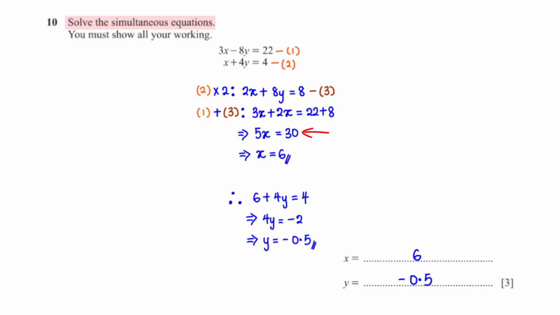When we divide both sides of the equation by 5, we get x equals 6. To find y, we can substitute the value of x into any of the equations. If we pick equation 2, we have 6 plus 4y equals 4. When we simplify the equation and make y the subject, we get negative 0.5.